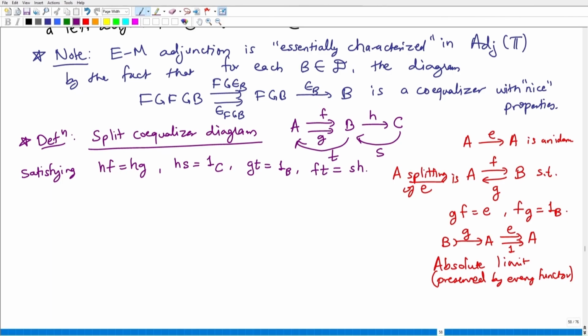Of course, it's co-equalizer, so HF equal to HG is not a problem, and the splitting is given by GT, a split identity for B, and HS is identity for C. That's splitting. So in particular, you can conclude something about SH. That's an idempotent.